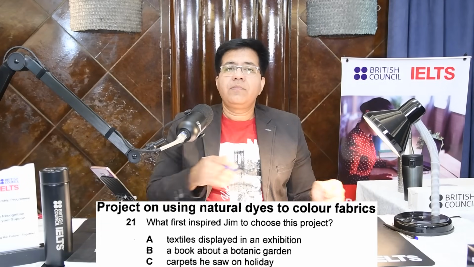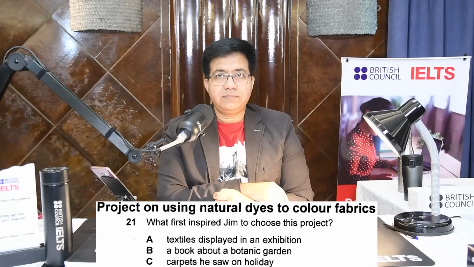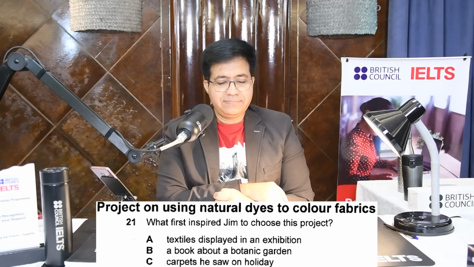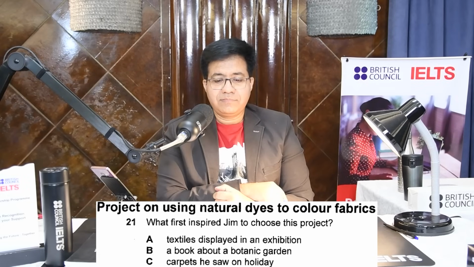Okay, Jim, you wanted to see me about your textile design project. That's right. I've been looking at how a range of natural dyes can be used to colour fabrics like cotton and wool. Why did you choose that topic? Well, I got a lot of useful ideas from the museum, you know, at that exhibition of textiles. But I've always been interested in anything to do with colour.